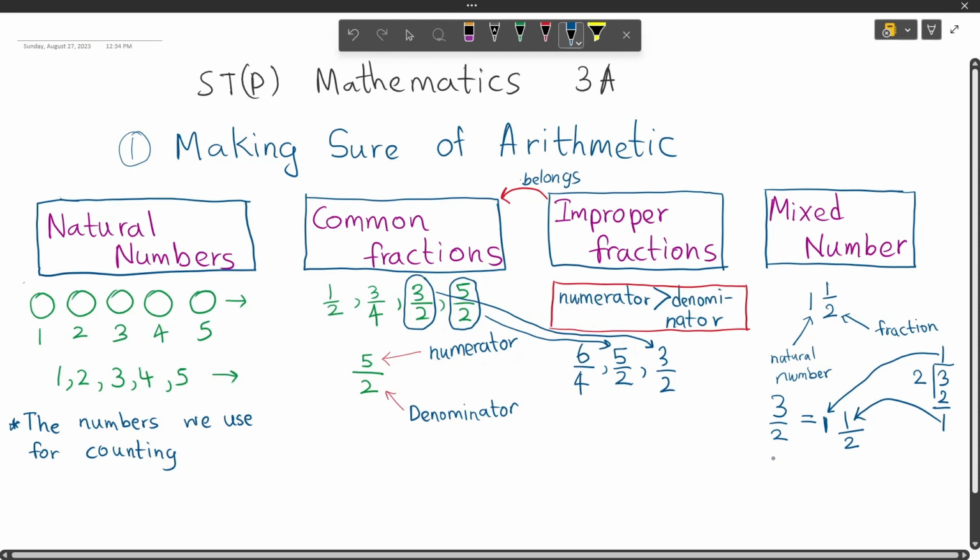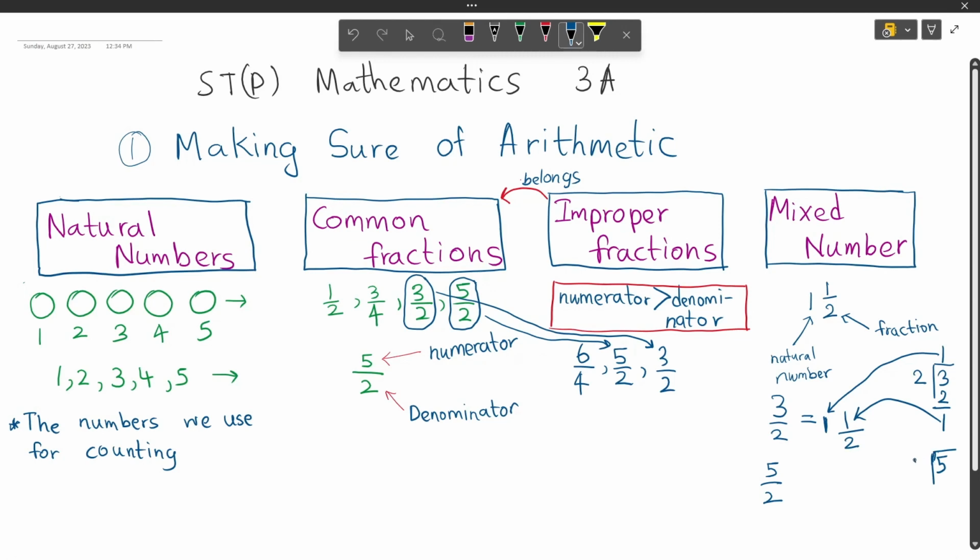Let's take 5 over 2 also. 5 divided by 2. 5 has 2 2's. There are 2 2's in 5. 2 times 2 is 4. Then we subtract, 5 subtract 4 is 1.